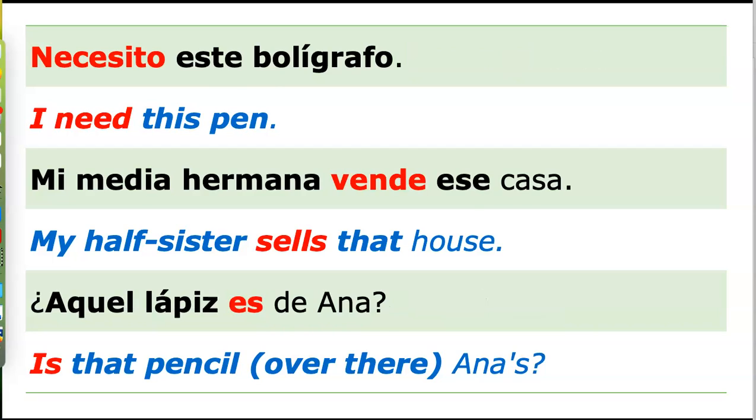Aquel lápiz es de Ana. And that's the way we do possessives. In Spanish, there is no apostrophe S. We have to use a verb like ser and the preposition de and then the name of the person doing the possession.